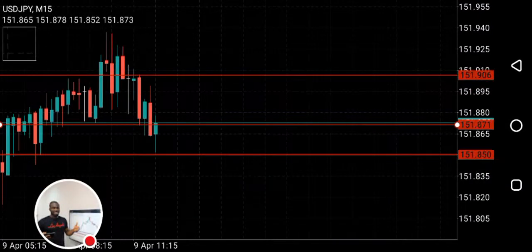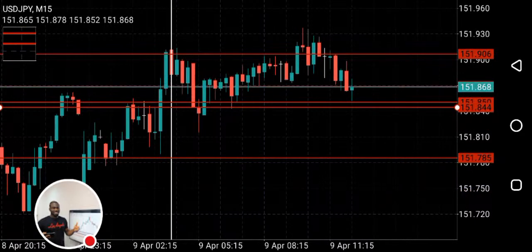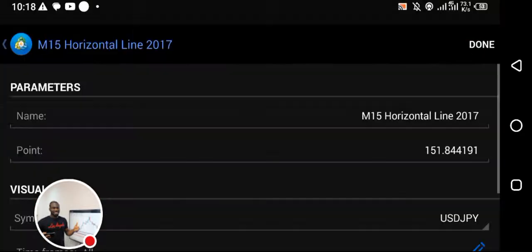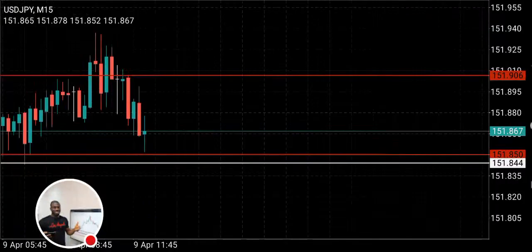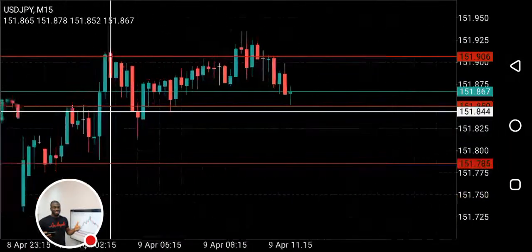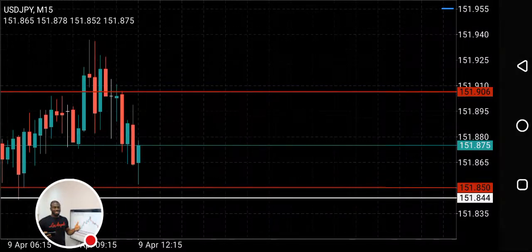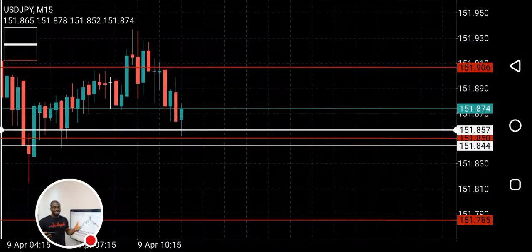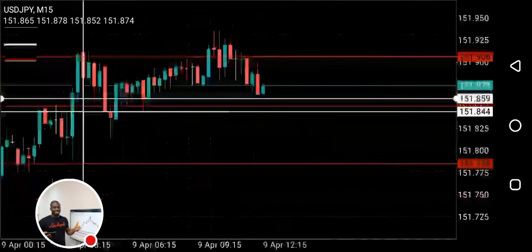So it could be that price just wants to fill that gap. Okay, this is the gap. Can you see the gap?